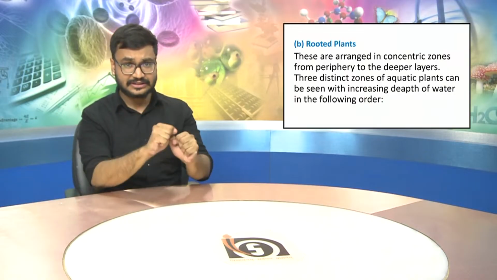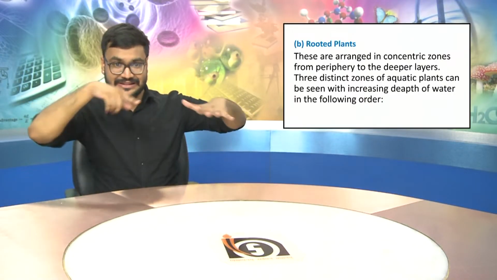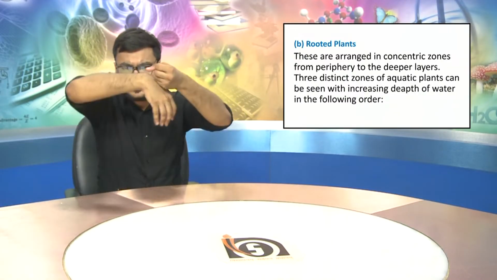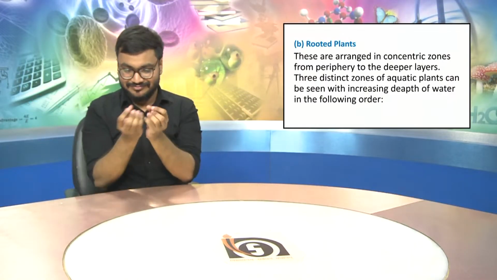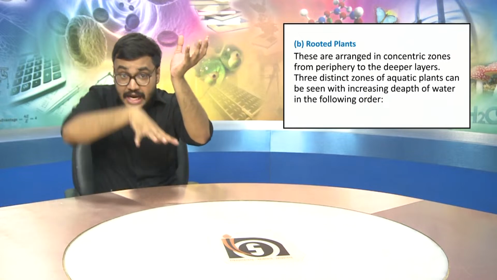These are arranged in concentric zones from periphery to the deeper layers. Three distinct zones of aquatic plants can be seen with increasing depth of water in the following order.